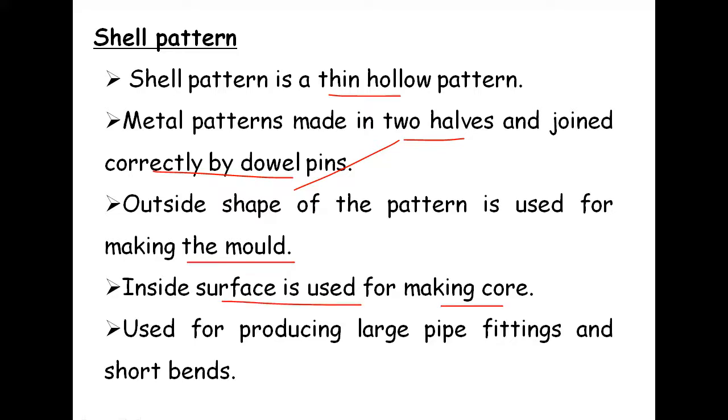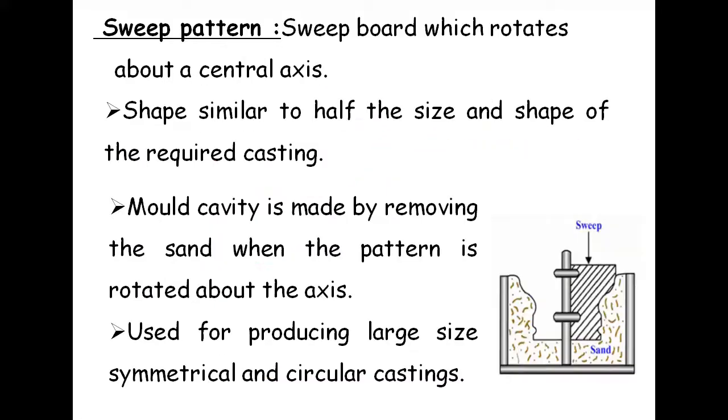So the outside is used for making the mold, and the inside you fill with core sand to act as a core. It is used for producing large pipe fittings and short bends.